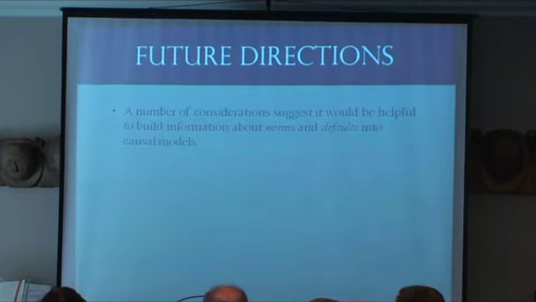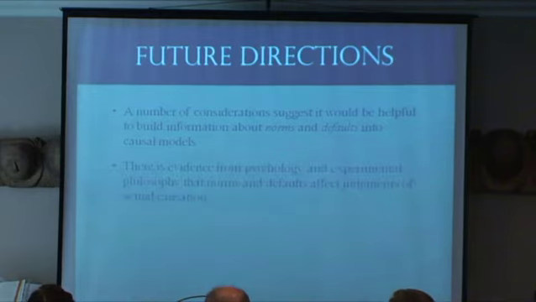So one interesting future direction here is that a number of considerations suggest it would be helpful to build information about norms and defaults into causal models. So to say, for instance, that a variable has a certain default value, that in the absence of other information we assume it has a certain value, or that a variable has a normal value.